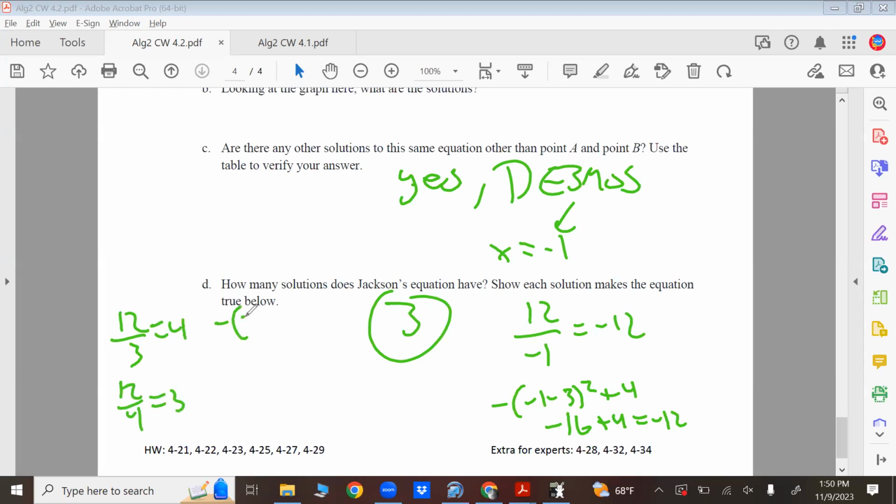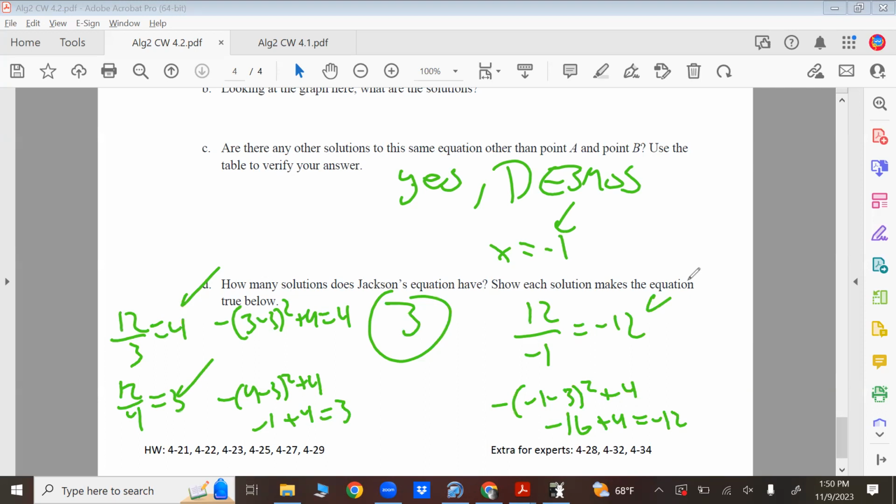If you did -3 minus 3 squared plus 4, you get 4. If you do -4 minus 3 squared plus 4, that'll be -1 plus 4, which of course is 3. So check, check, and check. They all check out.